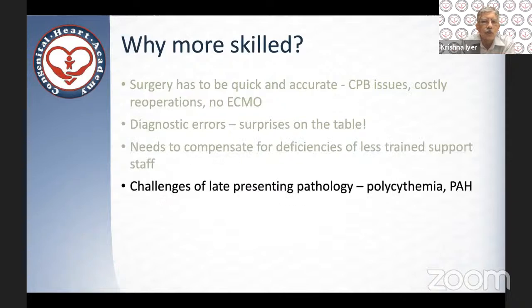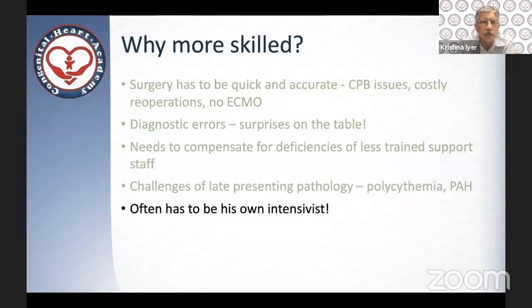And then, of course, there are challenges of late presenting pathology like polycythemia, pulmonary artery hypertension, and a simple VSD can become very difficult if you're operating at the level of borderline operability because of pulmonary vascular disease.